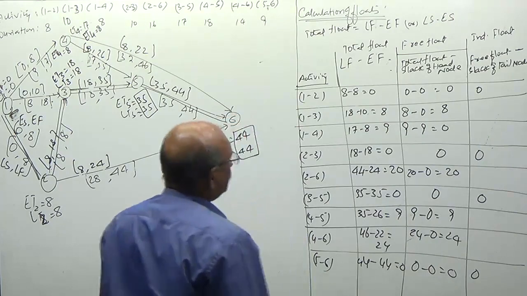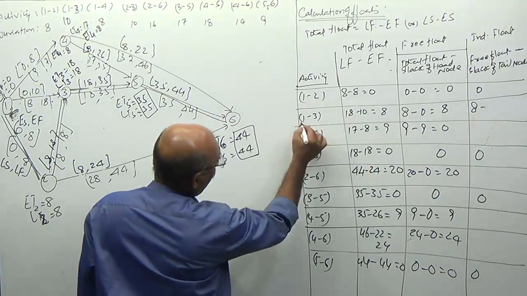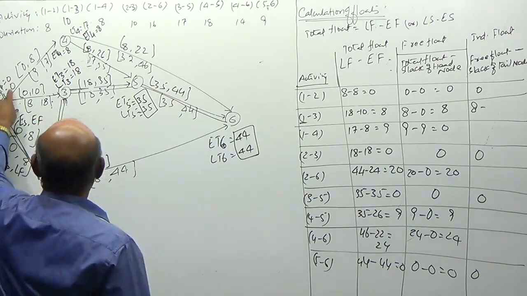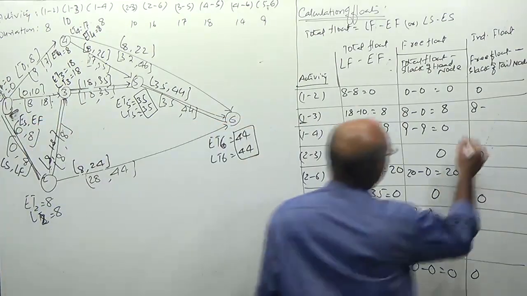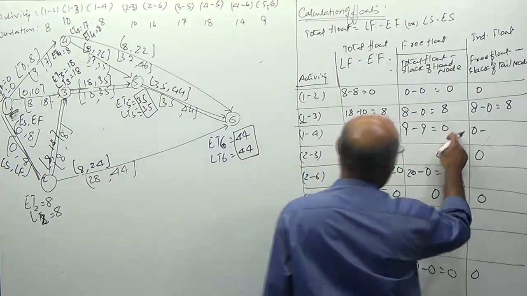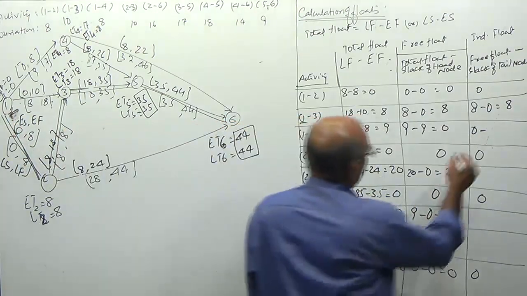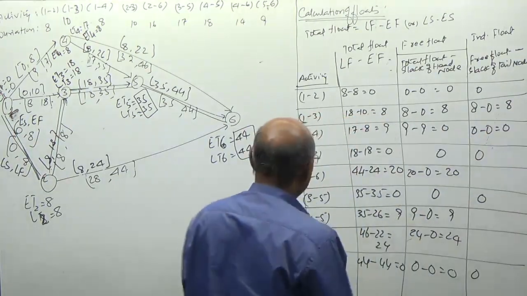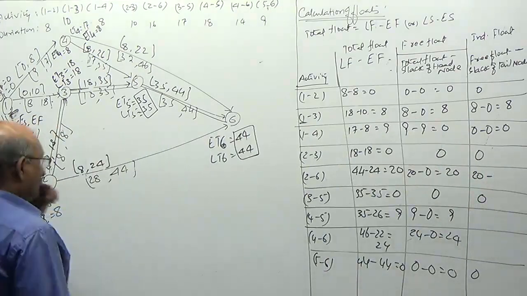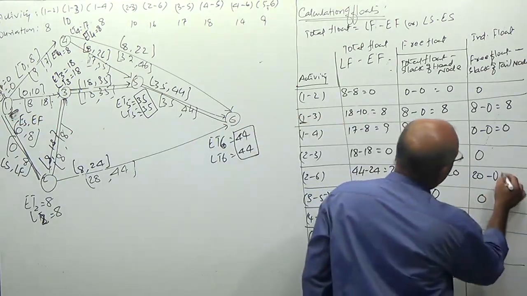Now look at this, 1-3. 8 minus slack of tail node. For 1-3, 1 is the tail node. Slack at 1 is 0, so 0 minus 0, 0. This is 8. Next, 9 minus 0... for 1-4, 1 is the tail node. 0 minus 0, 0. 2-6: 20 minus 8 minus 8, 0, sir. This is 20.